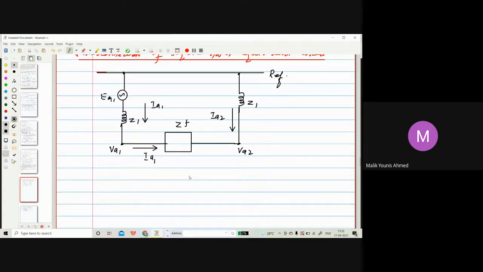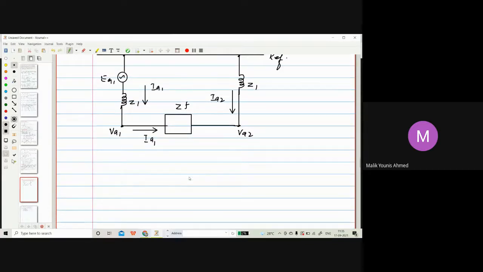Now, further, I hope this is clear. As per the derivation, we are doing it. So if we apply KVL, we can find the IA1 current. The voltage is EA1 divided by what are the impedances?